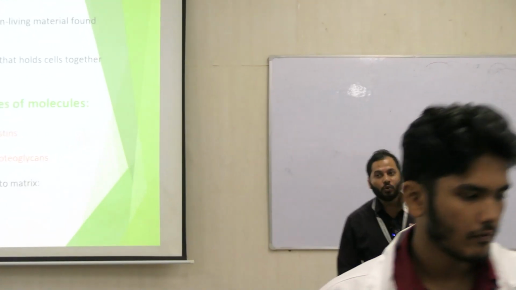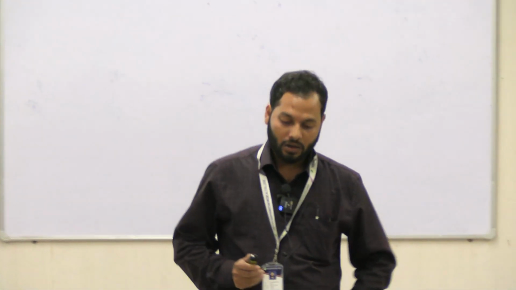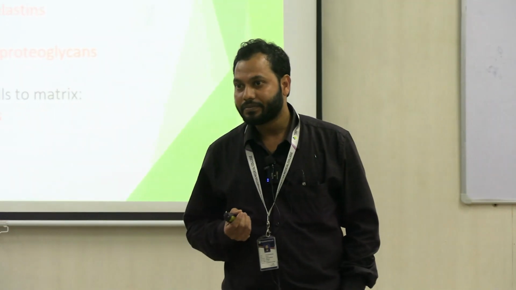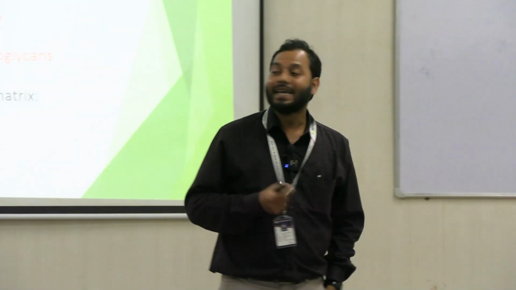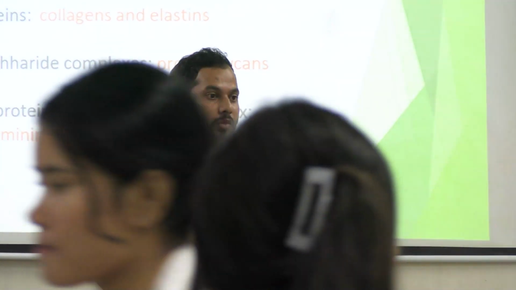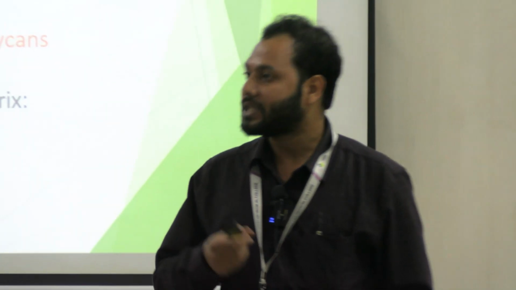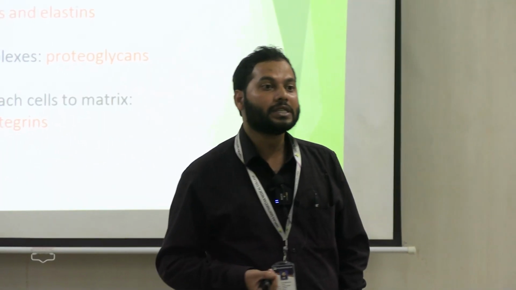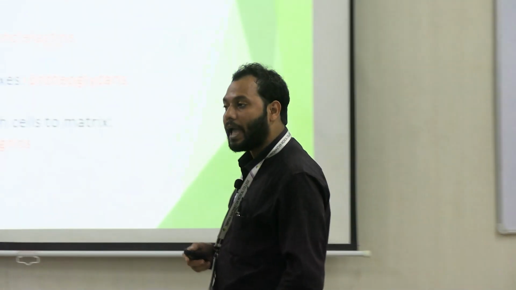So here in these lectures, we will see what are the basic features of extracellular matrix, what are the different types of protein present in extracellular matrix, what is cell junction, what do you mean by cell adhesion molecule, what are the different types of cell adhesion molecule that play an important role in the formation of different types of cell junction, and finally we will see what is the physiological importance of different types of cell junction.